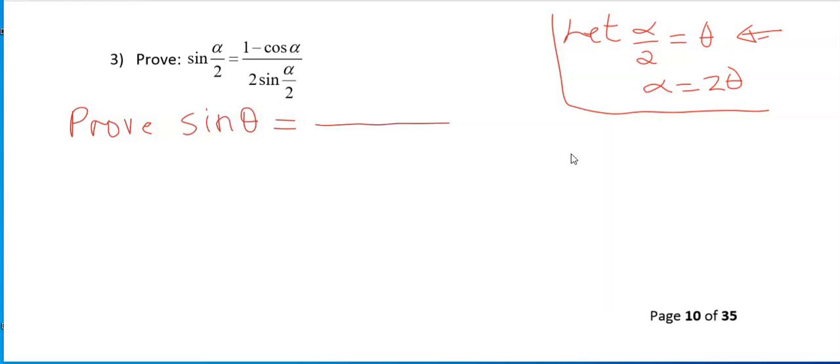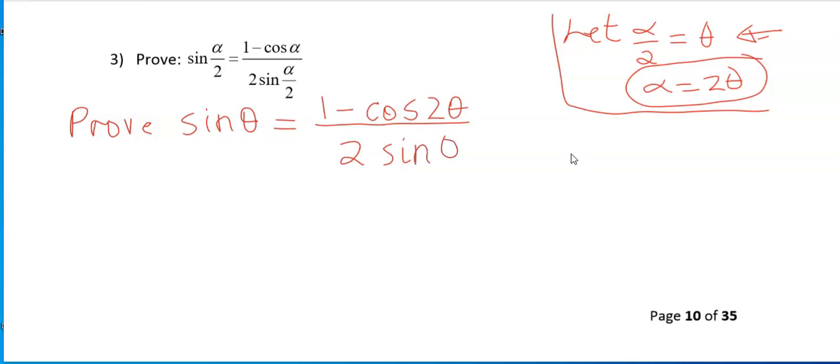And then over on the other side, I'm going to have 1 minus the cosine of, in place of the alpha, remember, you put 2 theta. And there you go, divided by 2 sine, and now in place of alpha over 2, I just put a single theta.